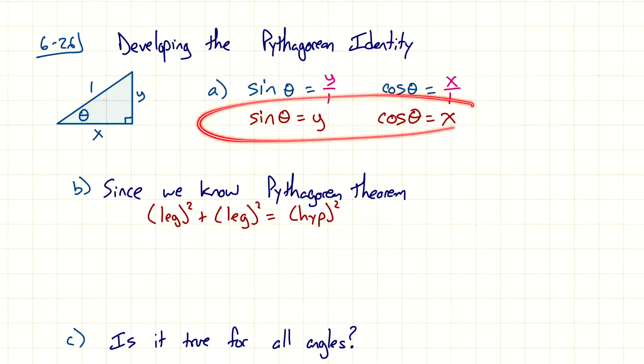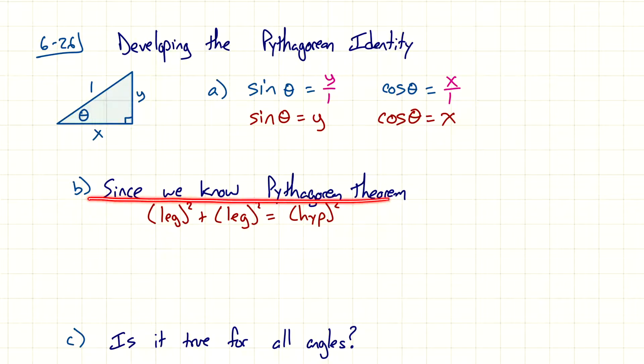All right, now that we know these two relationships, and since we also know the Pythagorean theorem, here's a reminder of that: leg squared plus leg squared is hypotenuse squared, or sometimes we think of it as a squared plus b squared equals c squared. Since we know that, we can use what we just developed from part A and plug that into our Pythagorean theorem.